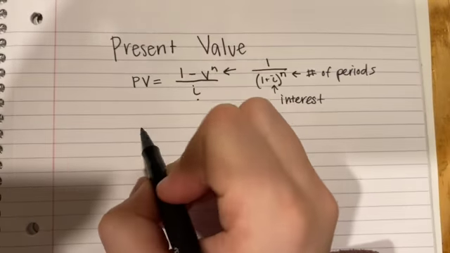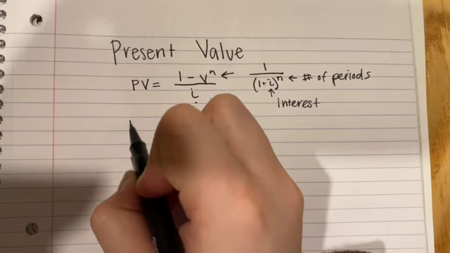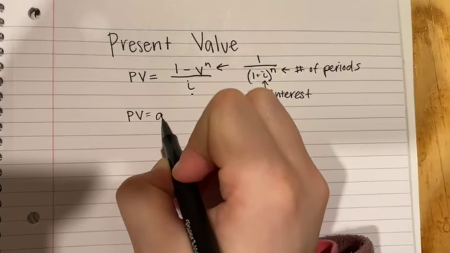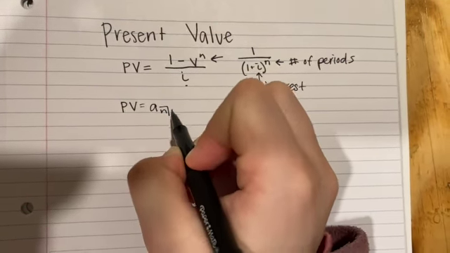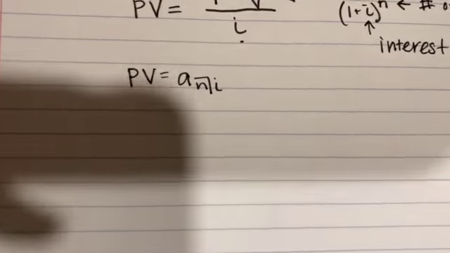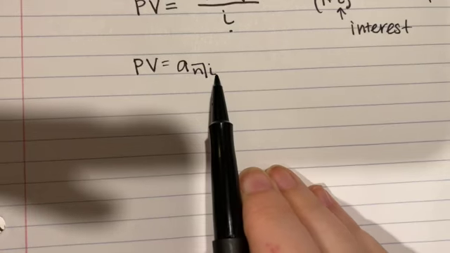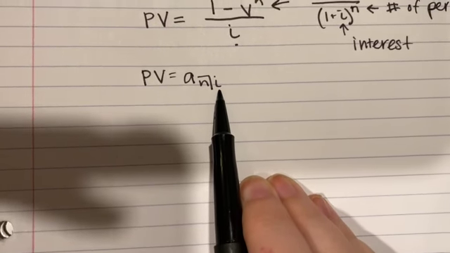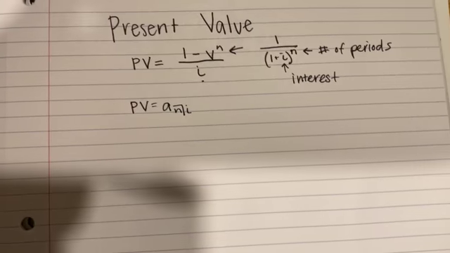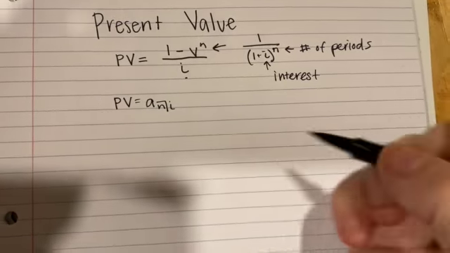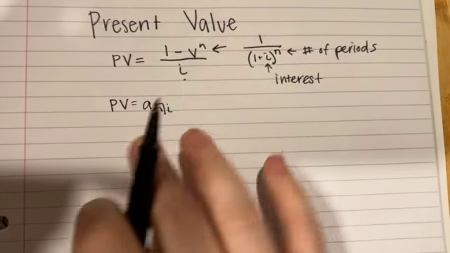So the actuarial notation for present value is going to be a angle n at rate i, right here, just like that. And the n, again, is going to stand for the number of periods, and the i is going to stand for interest. What actuarial notation does is it makes it easier for us to understand where the numbers come from.